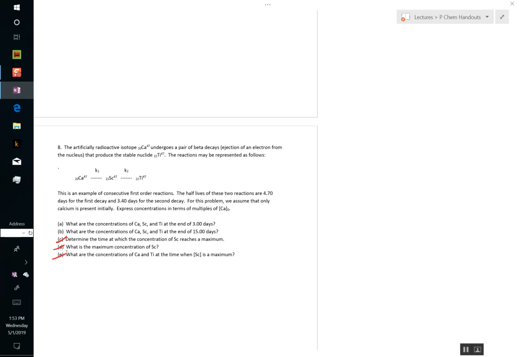What I was going to tell you on number 8, and so calculate D: use equation 20.47 for A, that equation should help you.